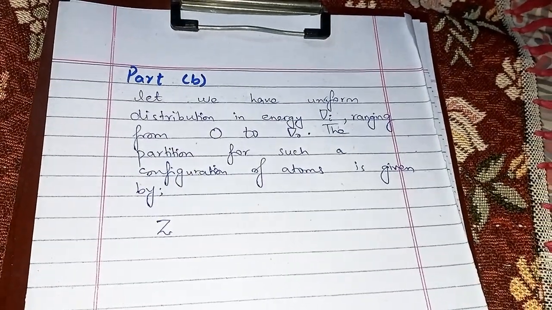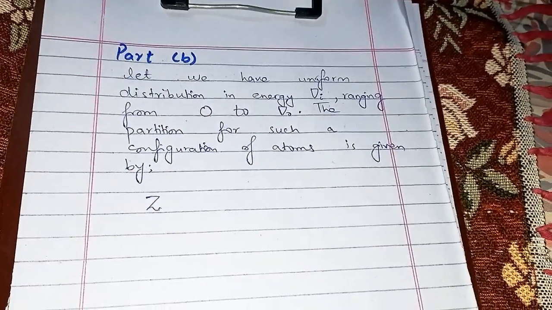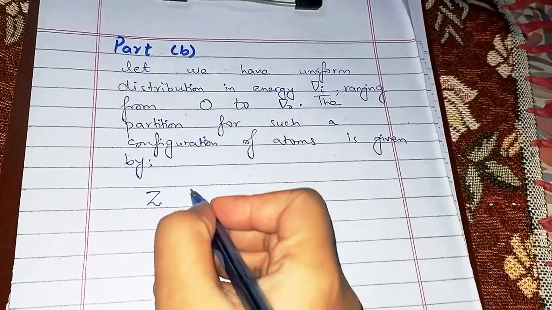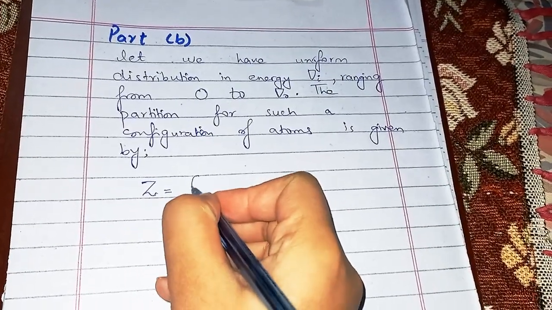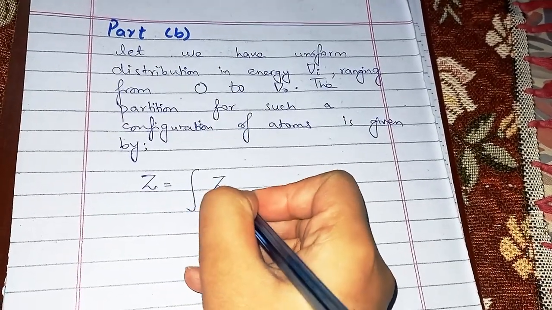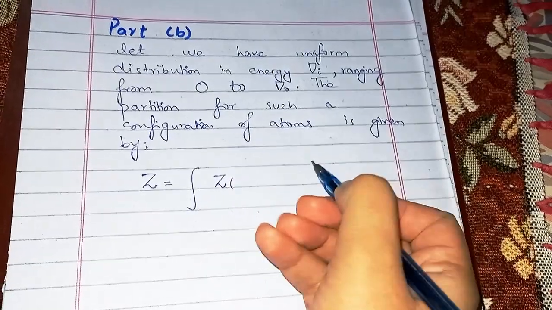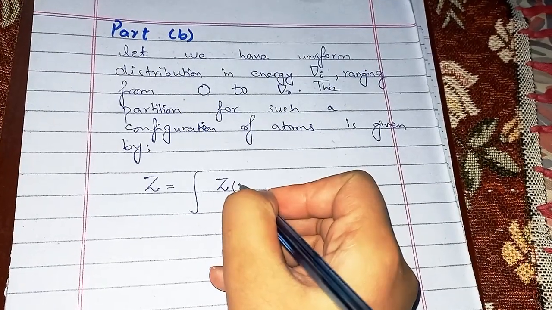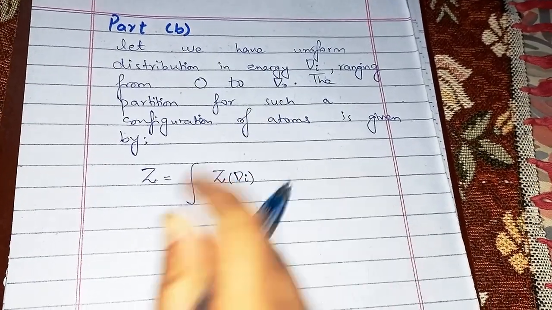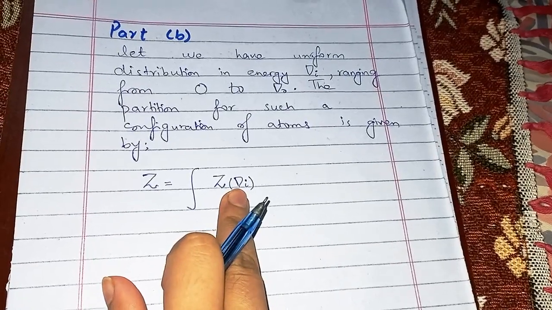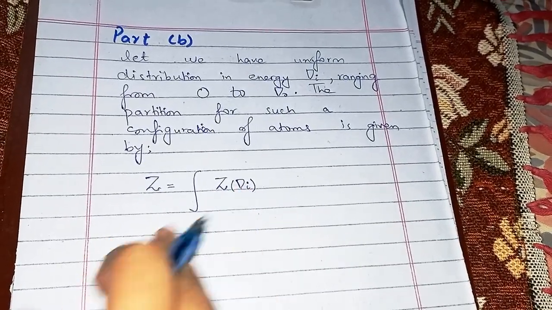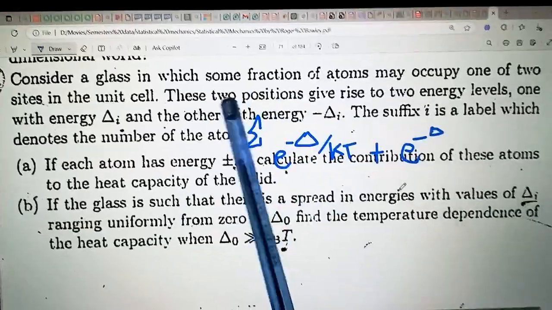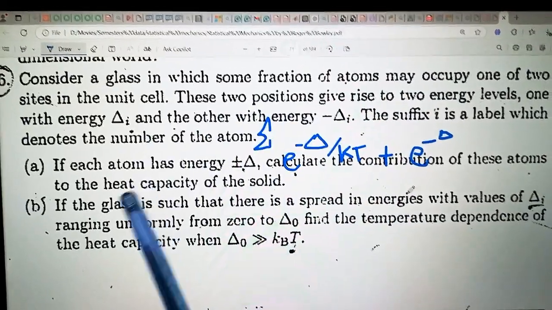Okay, so in that case the partition function for this system becomes different, and how we'll do it is like this: it equals the partition function of the discrete case as a function of delta I, as we can see at the start of the statement that this statement is true for both of these parts.